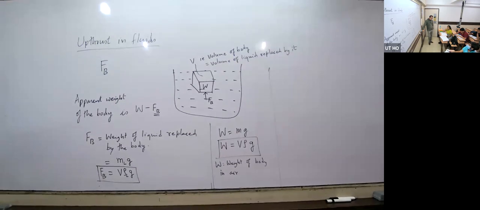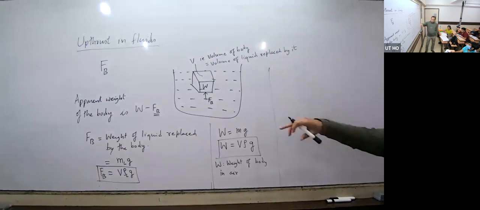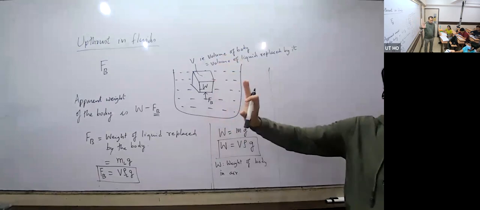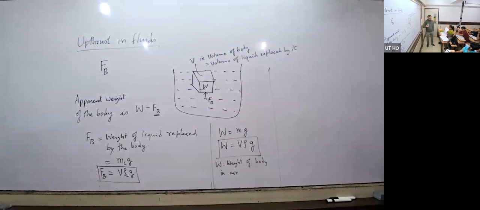The density of the liquid, whether more or less, will affect whether the body will float or sink, and whether there is more or less upthrust. But whenever you try to submerge a body in liquid, it will cause upthrust. My question is, what is the reason for upthrust?